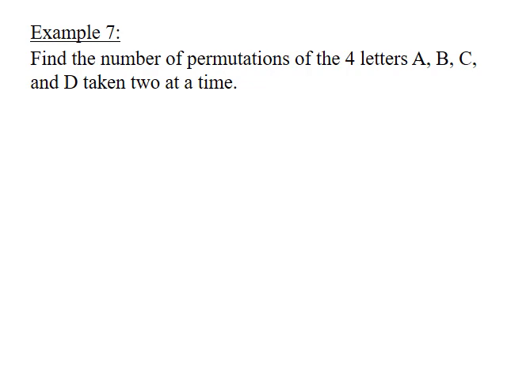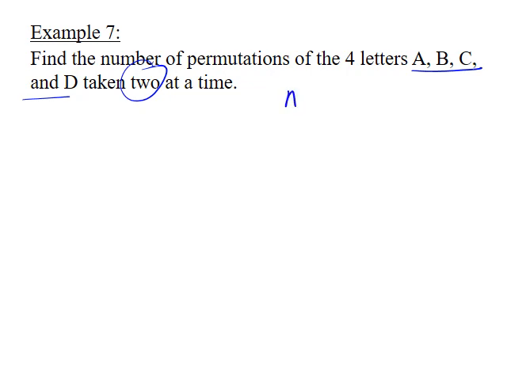So let's say we want to find the number of permutations of the 4 letters A, B, C, and D, and 2 of them are taken at a time. Here's what I mean. Out of these 4, I'm going to pick 2 of them.